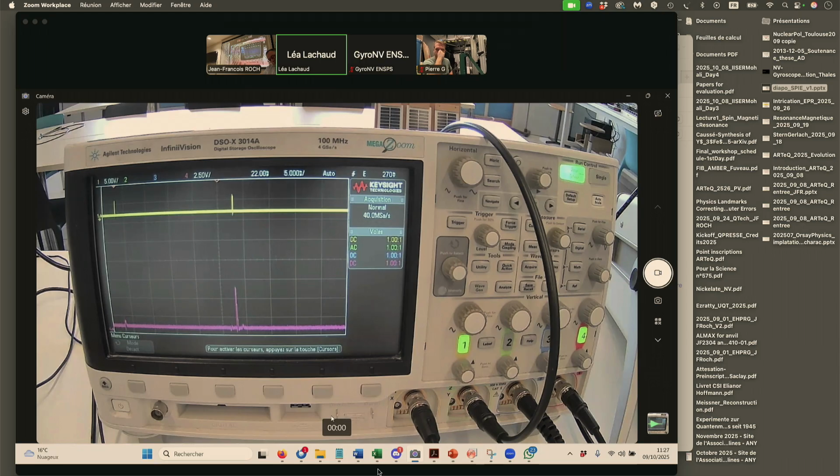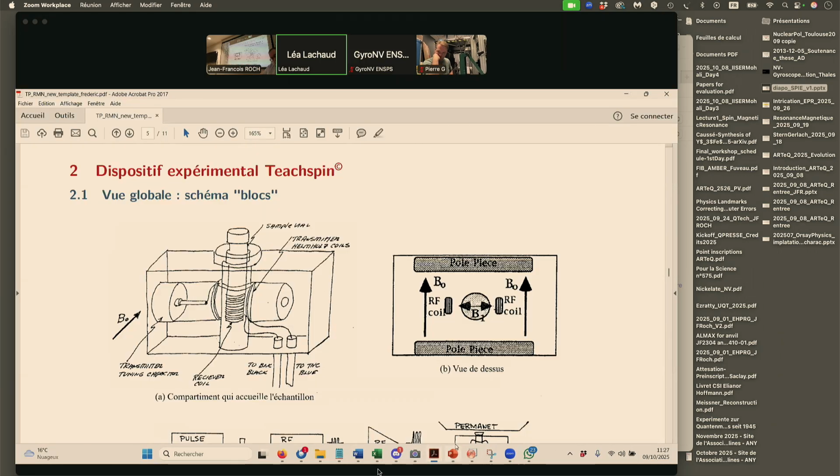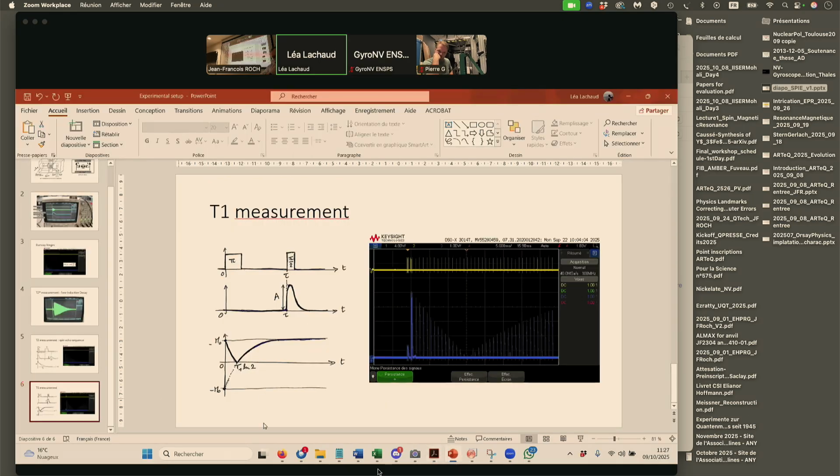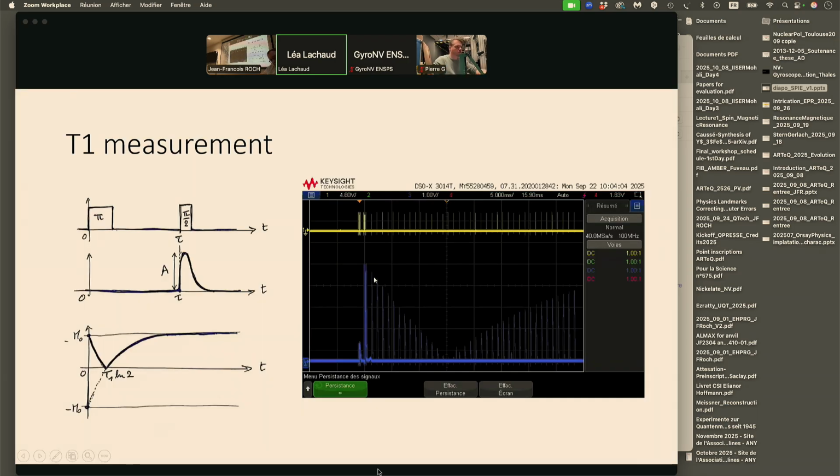It starts to grow again, just as we have here on the curve, on the data I took for you here. First we have a decrease of the amplitude of the spin response, and then an increase. And it's exactly the curve we expect.